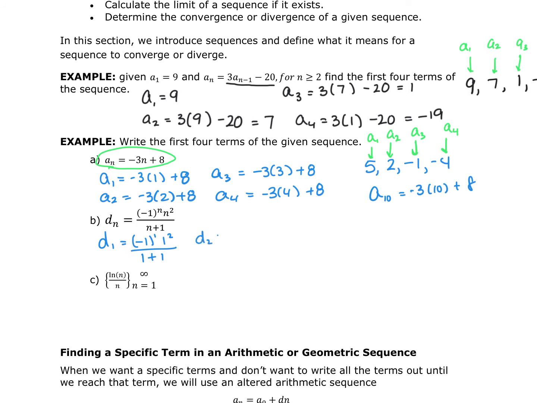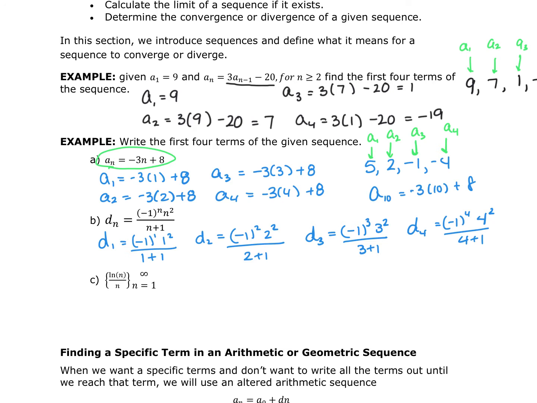And d sub 2 is going to be negative 1 squared, 2 squared, and then 2 plus 1. D sub 3 will be negative 1 raised to the third power, 3 squared, and then 3 plus 1. And then d sub 4 would be negative 1 raised to the fourth power, 4 squared over 4 plus 1.